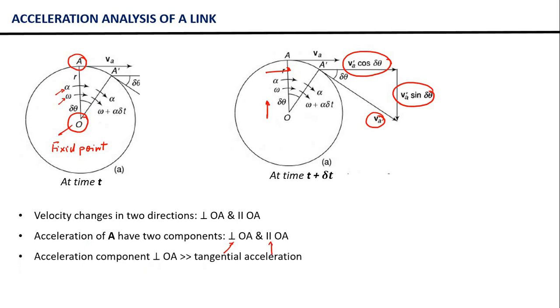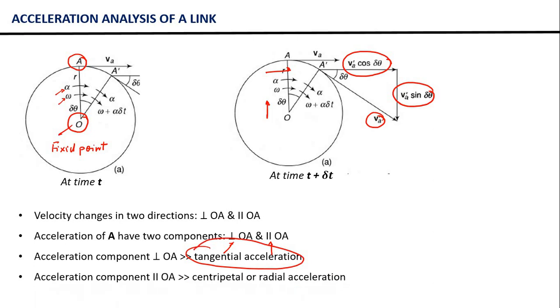The acceleration component which is perpendicular to OA is called the tangential acceleration, very important. And the acceleration component which is parallel to OA, we call this component the centripetal or radial acceleration.